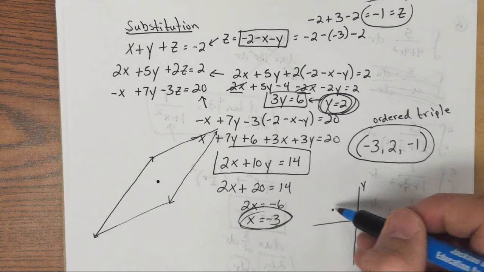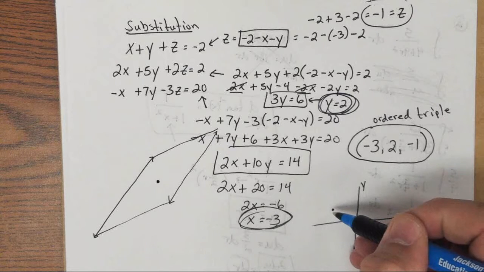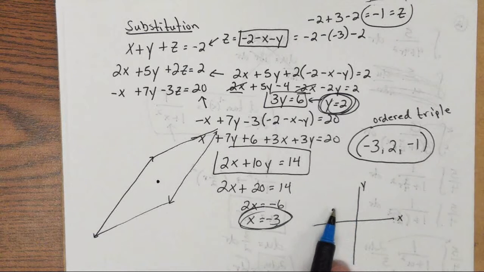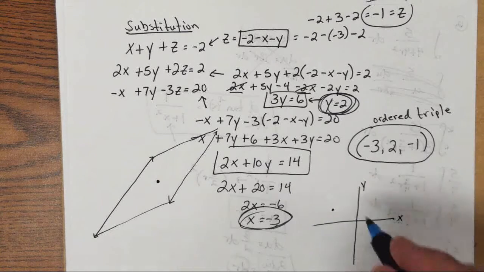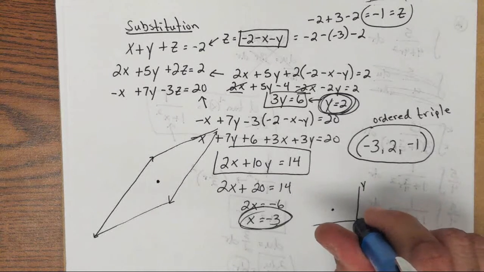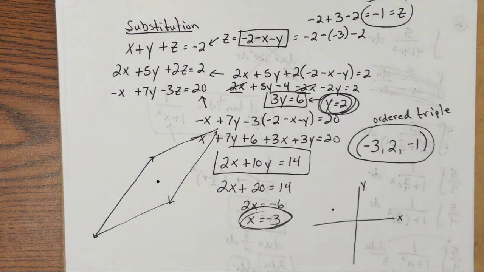So a -1, you might be coming out one spot, or it might be lifted up above, it all depends on where you let your positive and negative Z be. But that Z-axis comes straight out from the center of your XY axis. And in higher math courses, you'll get more into what three-dimensional graphing looks like and how to do it.